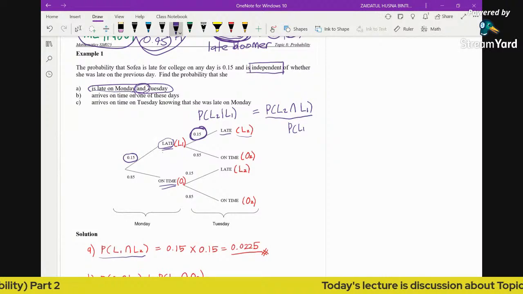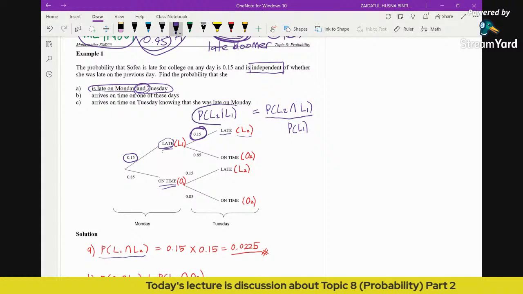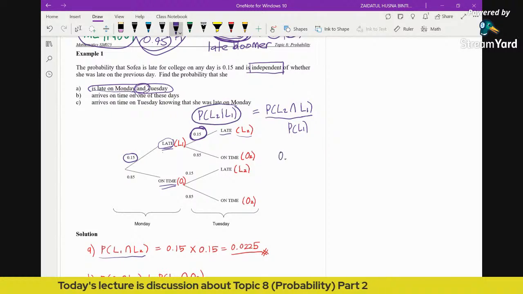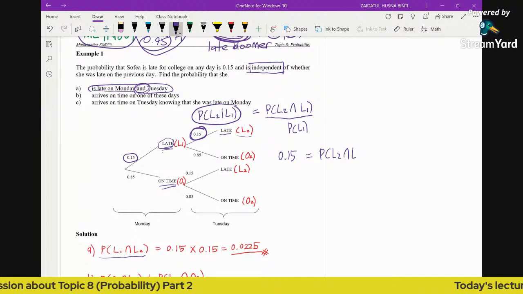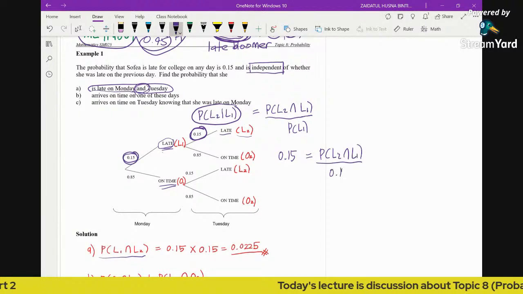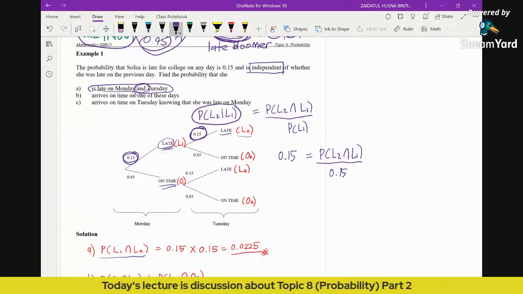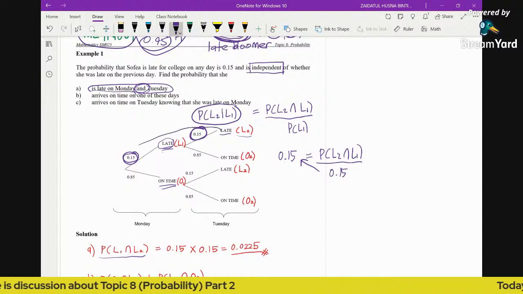The probability of L1 here is also 0.15. So to get the probability of L1 intersect L2, it's the product of these two. We just multiply the two branches.